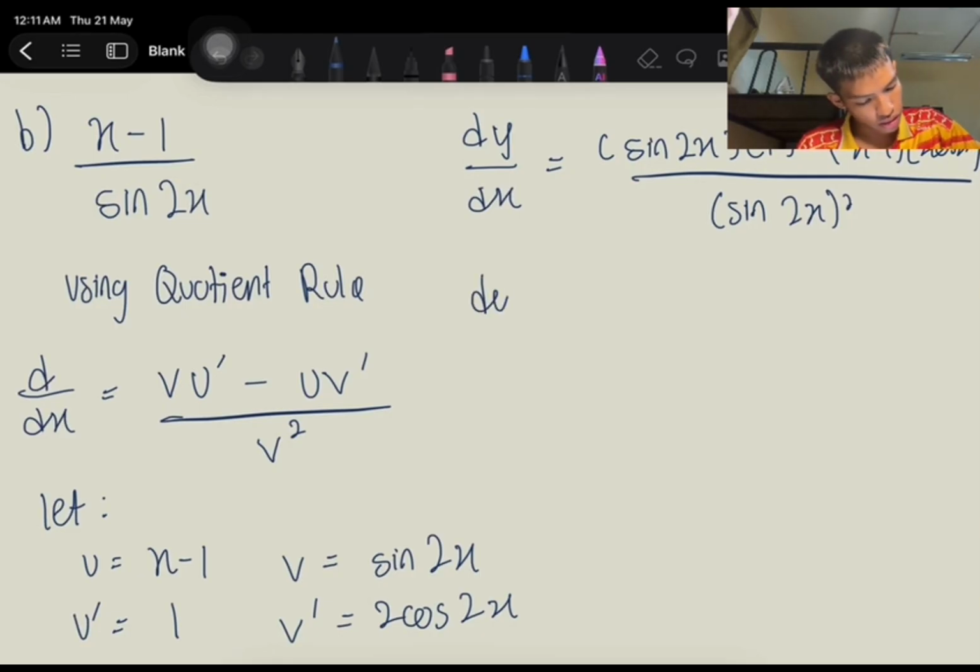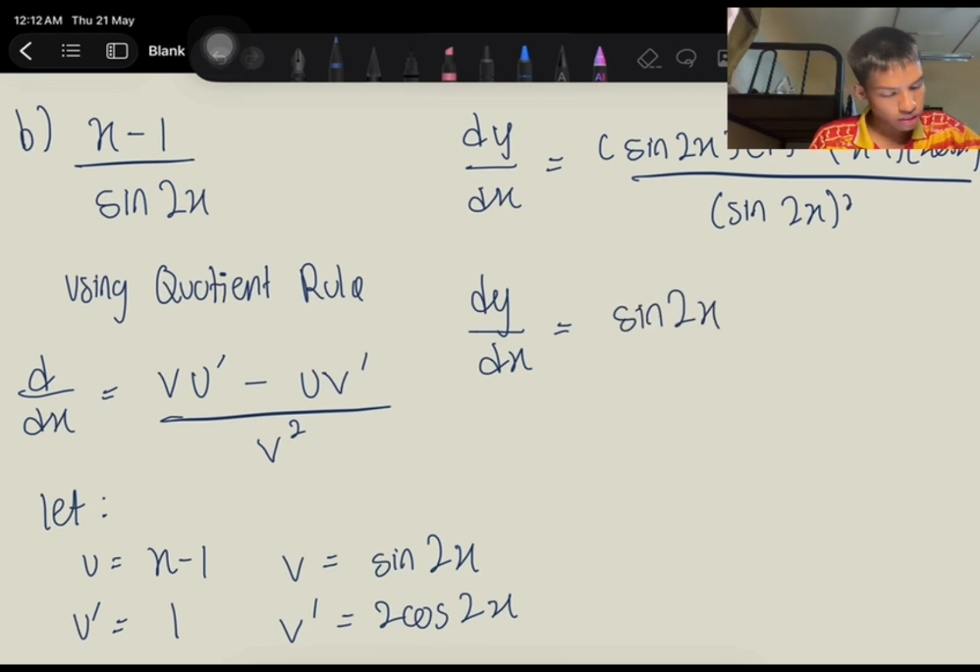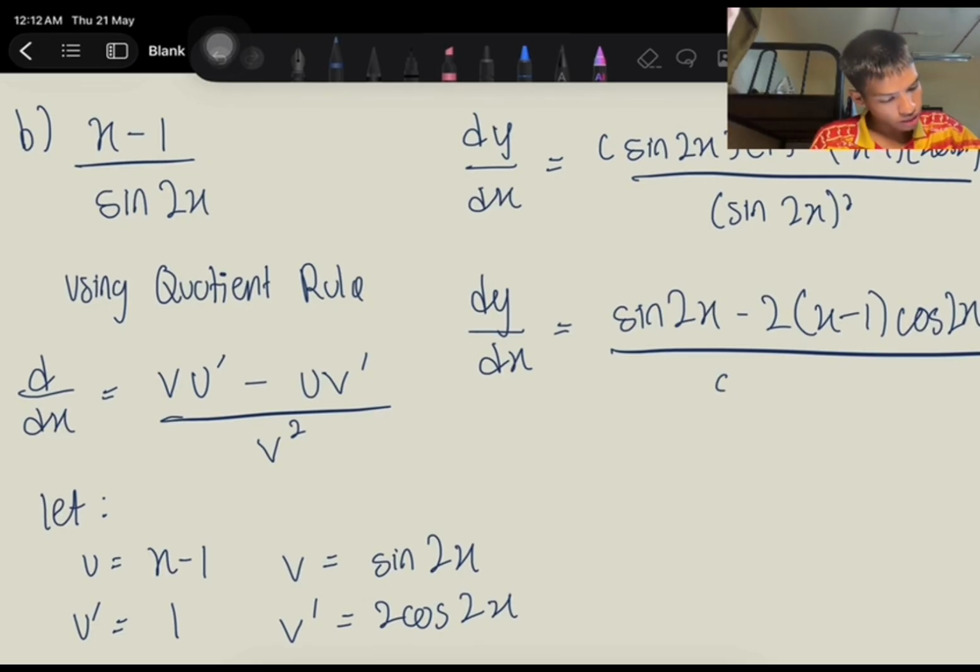Final answer is dy/dx equals to sine 2x minus 2(x minus 1) cos 2x divided by sine squared 2x.